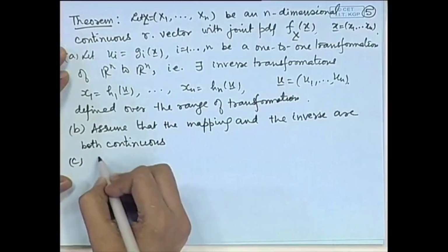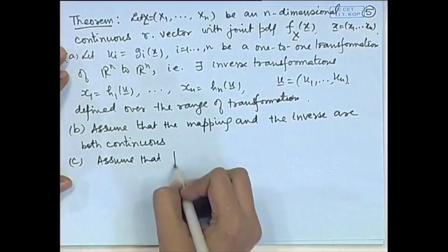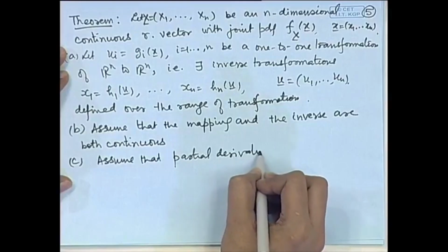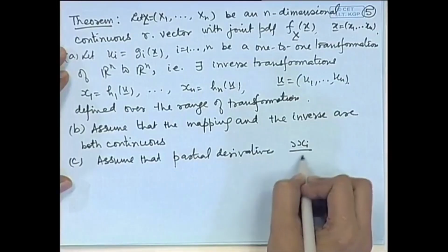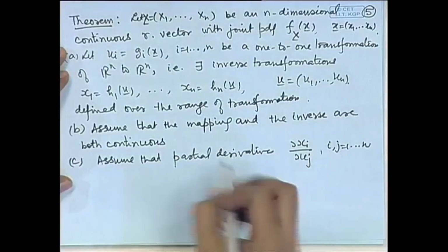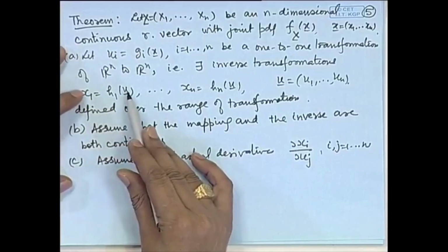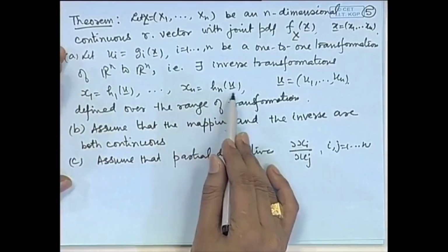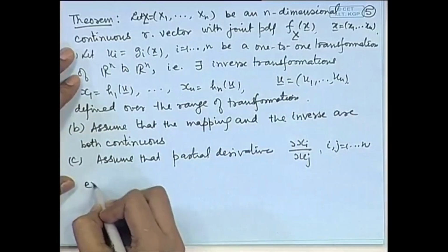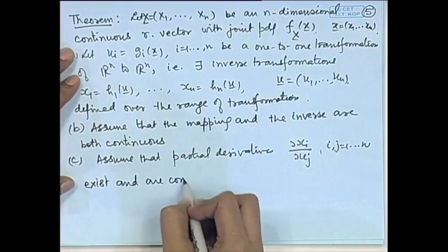Further, assume that the partial derivatives ∂x_i/∂u_j for i, j = 1 to n, that is, all partial derivatives ∂x1/∂u1, ∂x1/∂u2, and so on, all exist and are continuous.